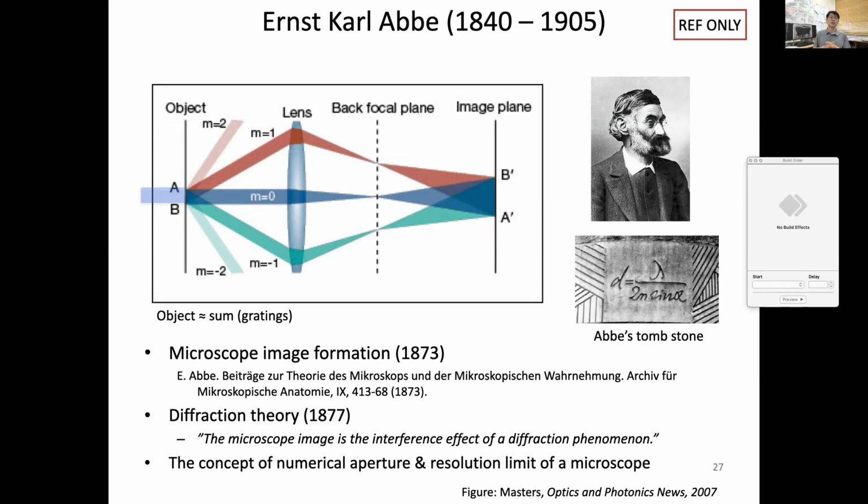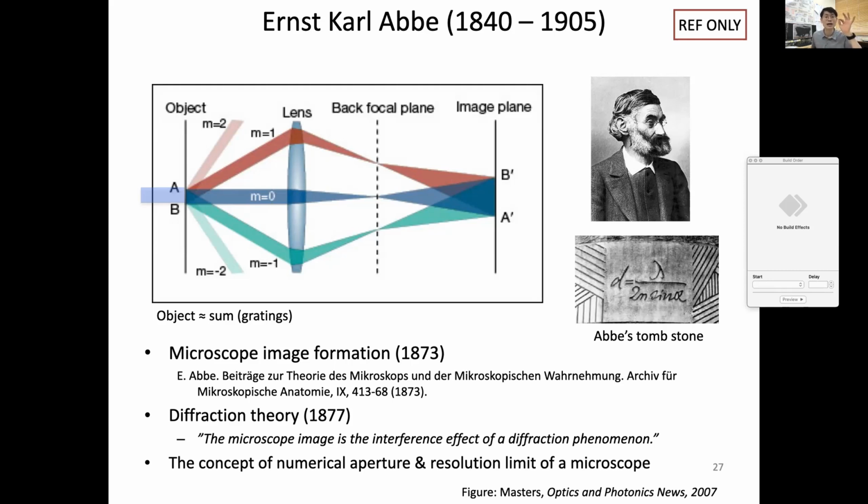Okay, so what if I'm using an electron microscope? What's the resolution? Electron is a particle, but electron also contains a wave nature. That actually led to a Nobel Prize, right? The wave nature of the electron.